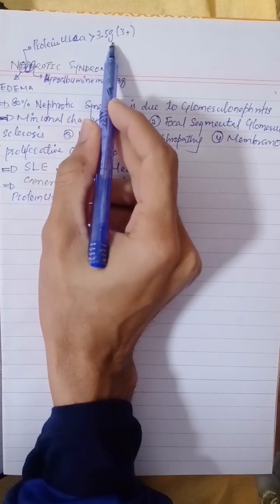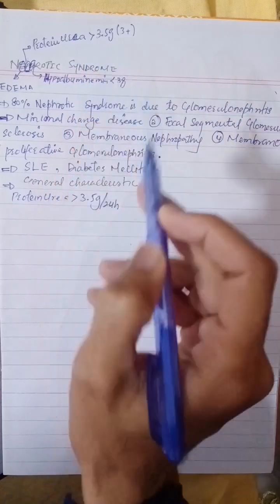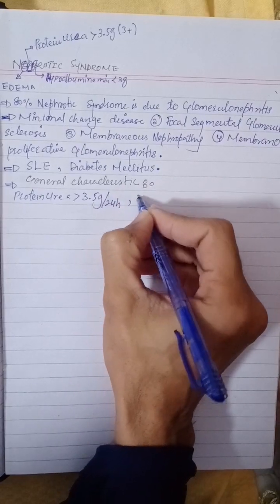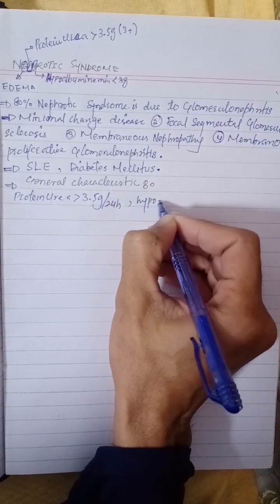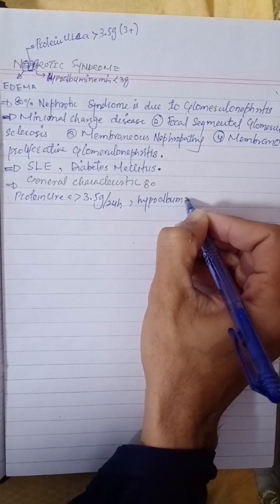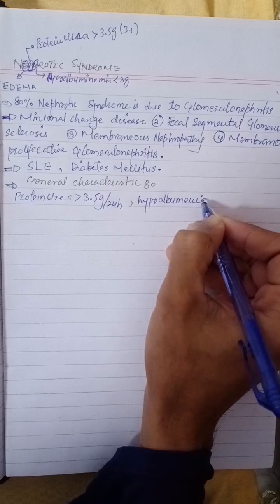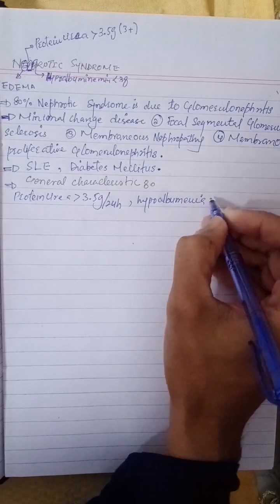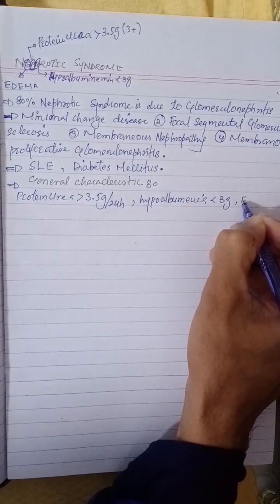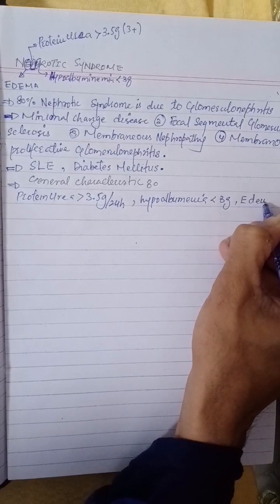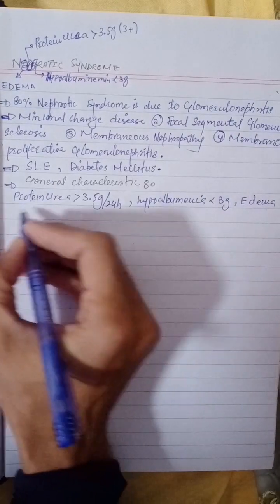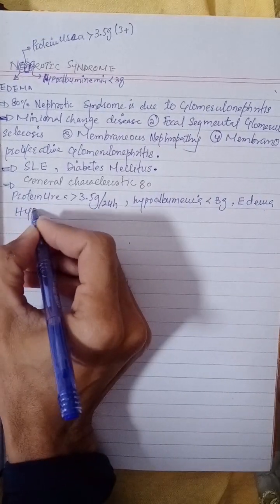After that, hypoalbuminemia, less than 3 gram, edema, and hyperlipidemia.